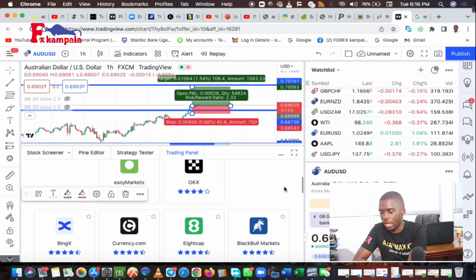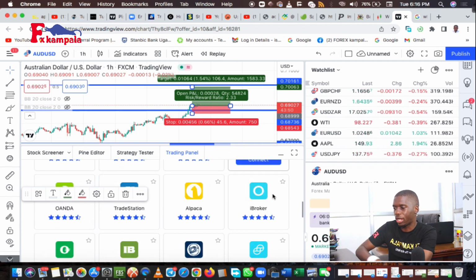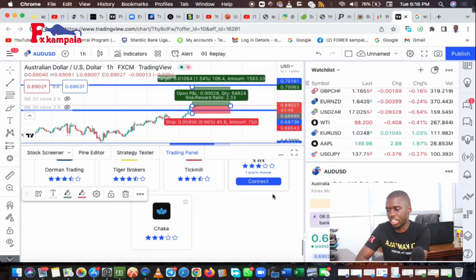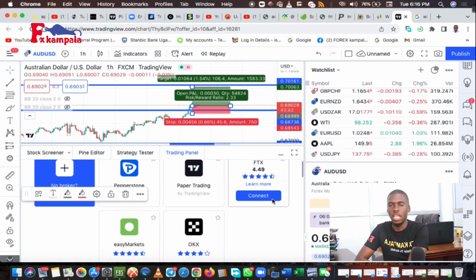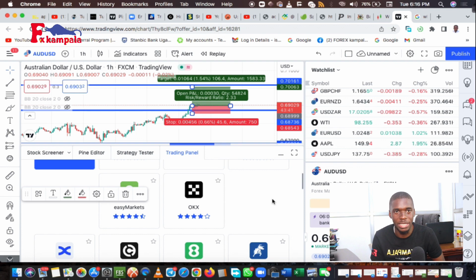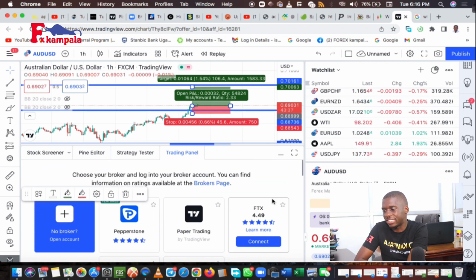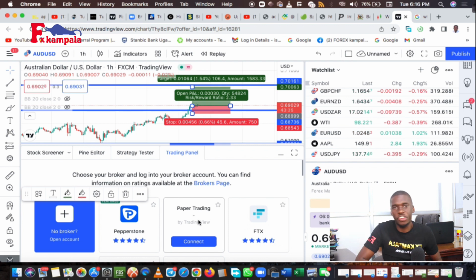Usually there is an arrow here that you need to link, and these are most of the brokers that have a partnership with TradingView. So if there is any in your country, you can use it to link to TradingView. But if you don't, you just need to come to paper trading.